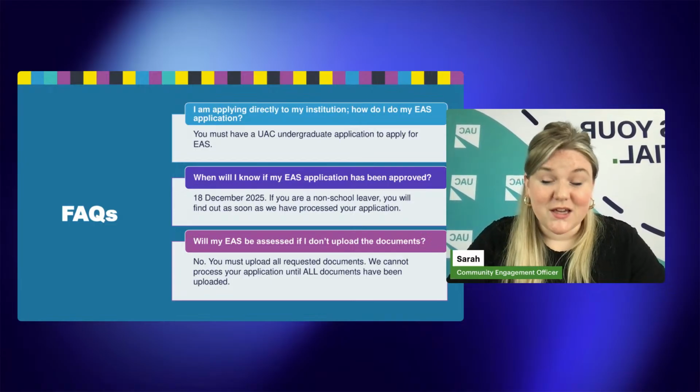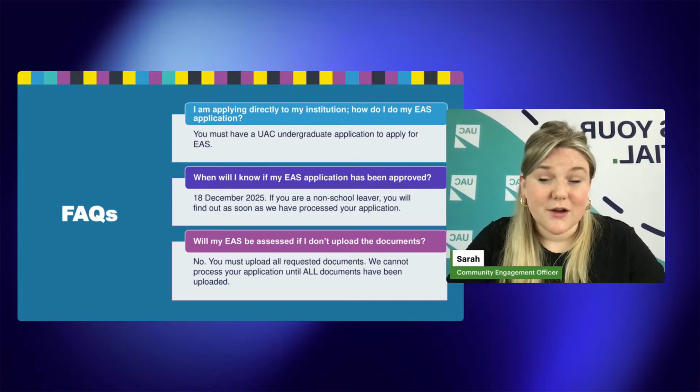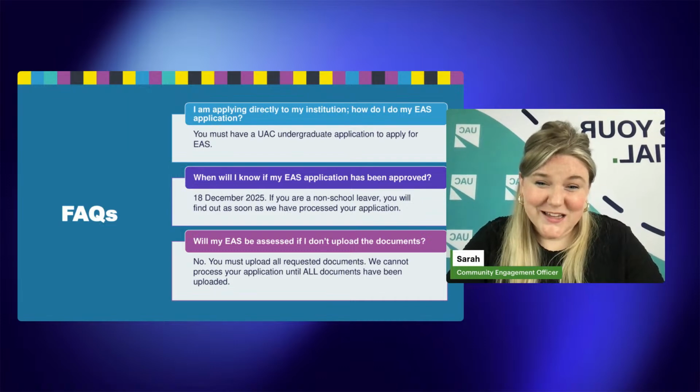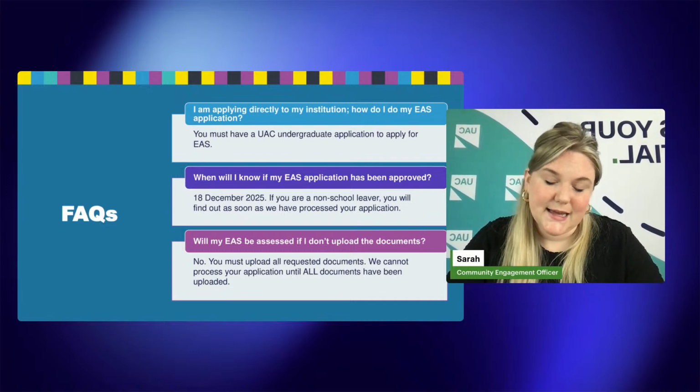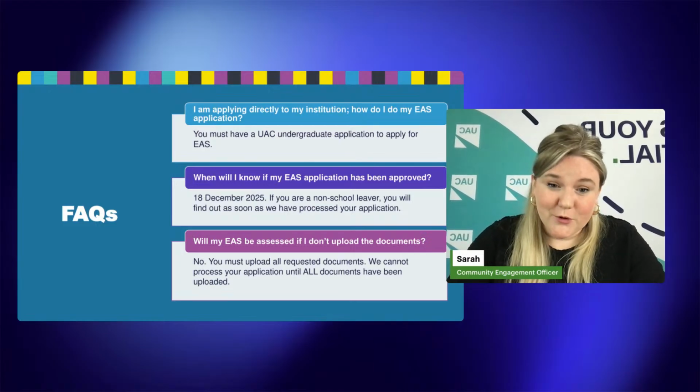In April each year, we release these dates. So make sure in April you're checking our website regularly because we'll upload those key dates on our website. Okay, and that can be found in the top right-hand corner of our website. There's a little button that will say key dates. And as soon as those dates are finalized in April, they'll be up on the website for you to access.